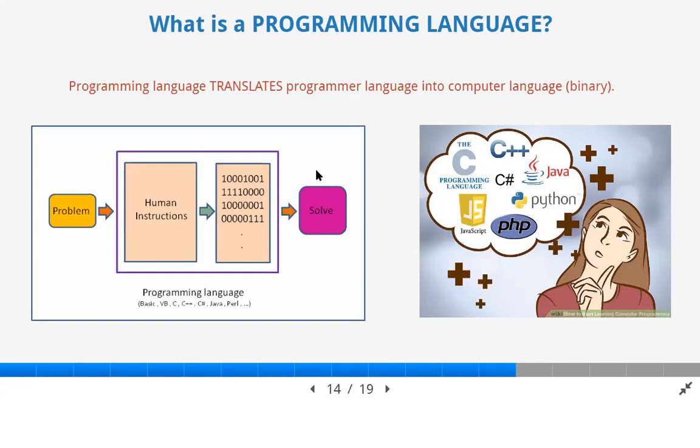So in that way, we can increase our productivity because we are engineers, not computer engineers. We are mechanical engineers. So we just use what is prepared by the computer engineer for us.